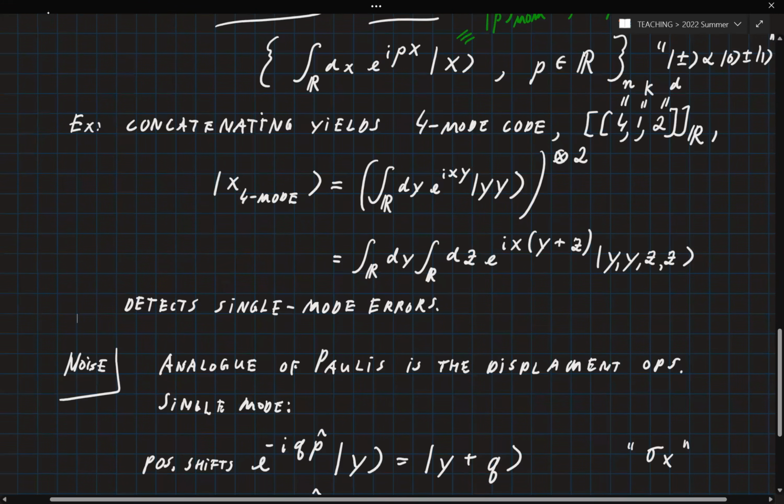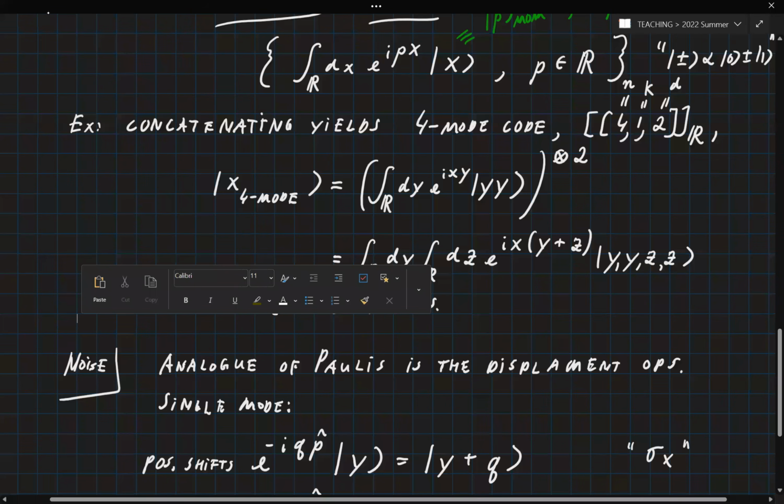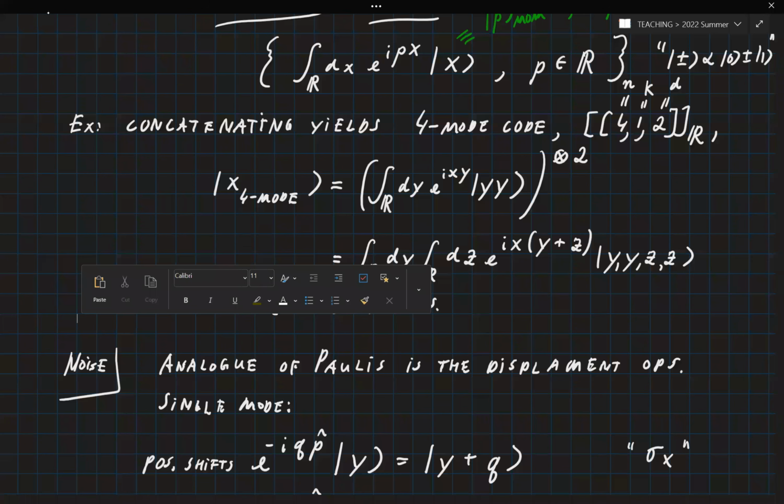There are going to be two different versions of small here. Here, the correctable noise is noise that acts on a few modes only. In the 4-mode case, only one mode. But the magnitude of the shift on that mode can be arbitrarily large. Remember, any single mode error is detectable for this 4-mode code.